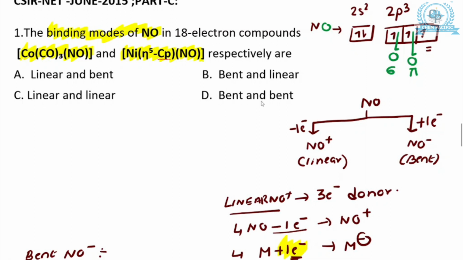Now let us solve this question. Let us name this complex as 1 and this complex as 2 and then do the total electron count, the TEC.